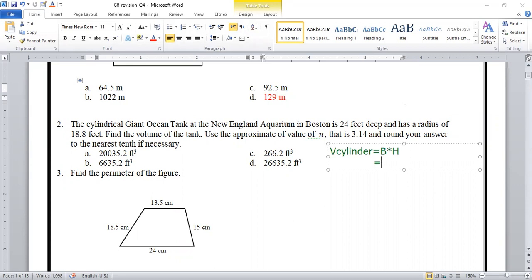The shape of the base in a cylinder is a circle, so the area of the base is pi r squared. Pi is a constant, its value from the given is 3.14. Pi r squared, times height.